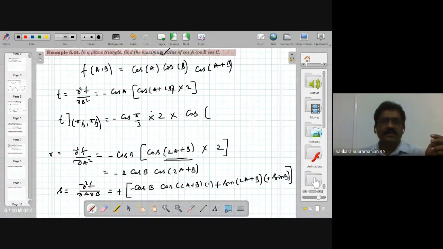What is that? 2 pi by 3 plus pi by 3, you get 3 pi by 3, which is pi. Cos pi is minus 1. So you get plus 2 times cos pi by 3.